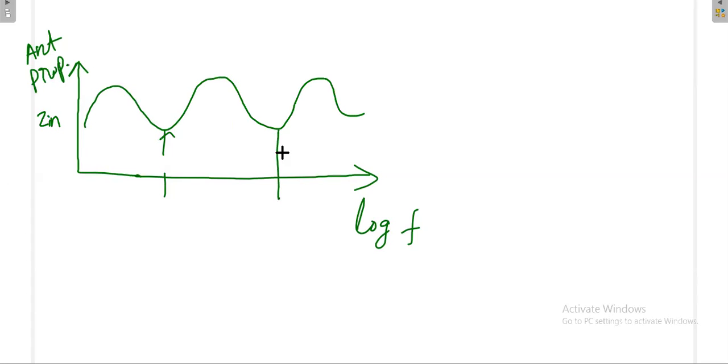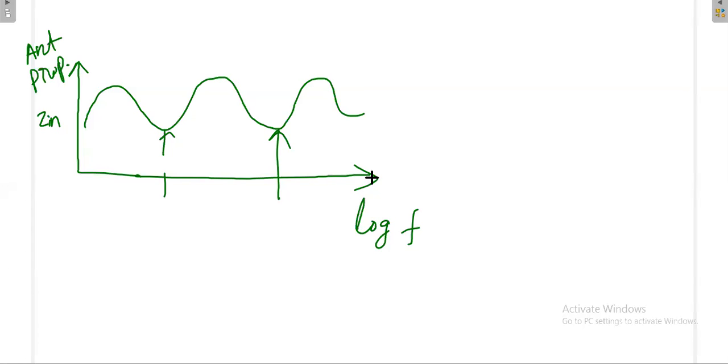If you go here also, you get the same input impedance. That means your property is getting periodically repeated, whether it is input impedance or some other property. You observe the property at one frequency, and at another frequency you get the same property. That's why this is called a log periodic antenna.